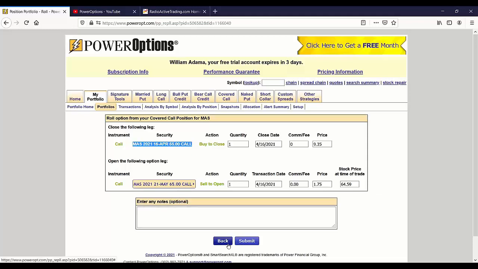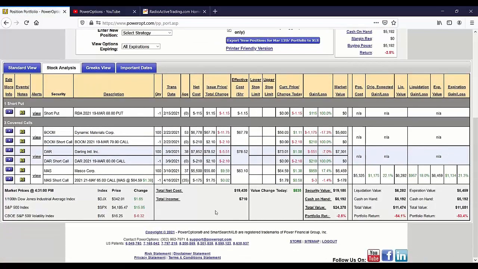But what I want to do is, I wouldn't do this. I would let it be assigned, so I would have chosen assignment on that position to make the maximum return. Now it shows me my Masco position. Cost originally $55. And I have a May 65 call open now that we collected at $1.75.